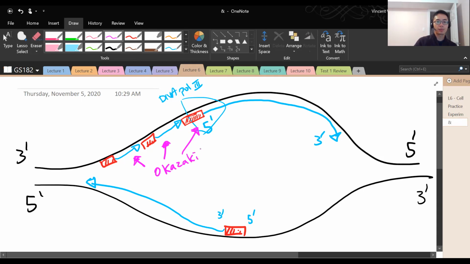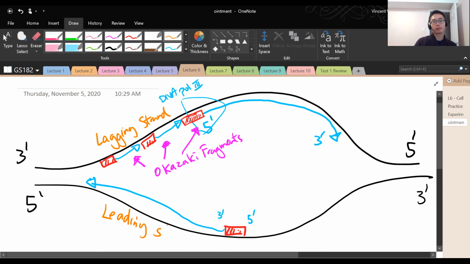Okazaki fragments. And because this strand is replicated in fragments, we call this the lagging strand. Lagging strand. On the other side, which is being replicated continuously, that would be the leading strand.